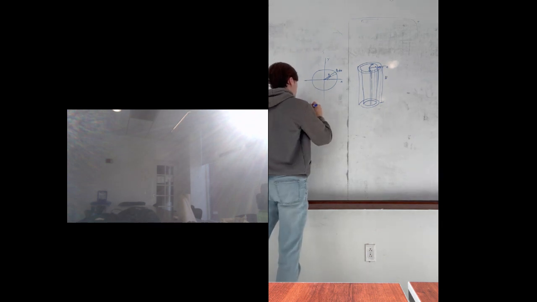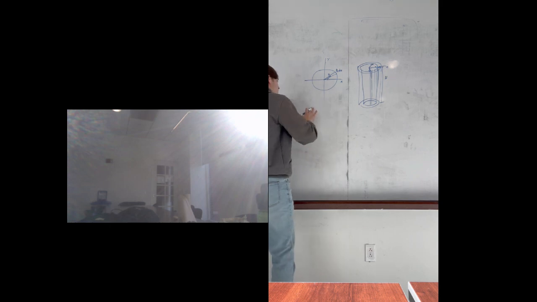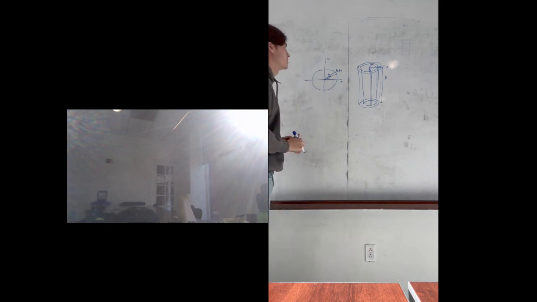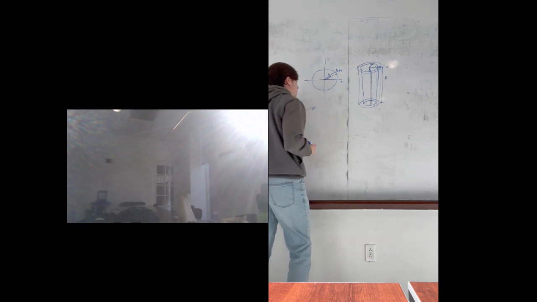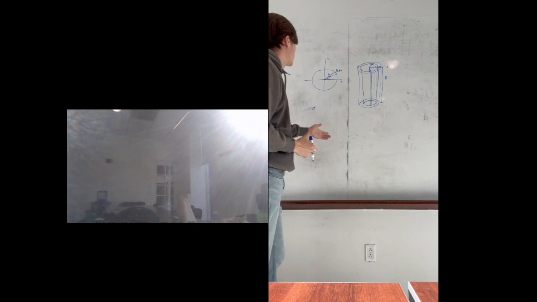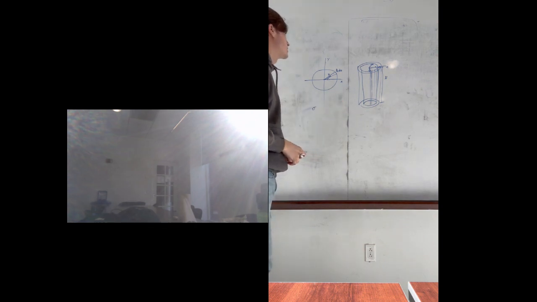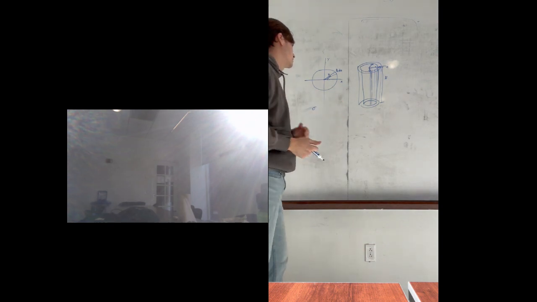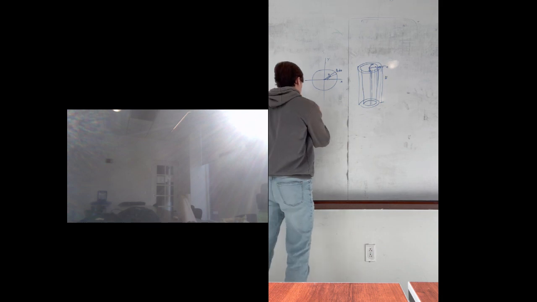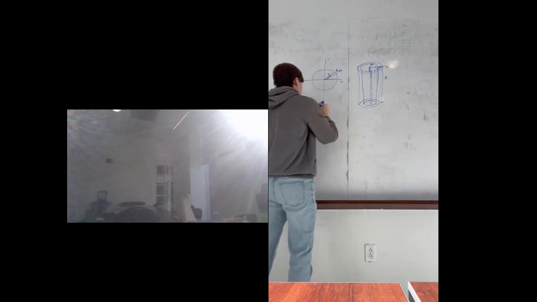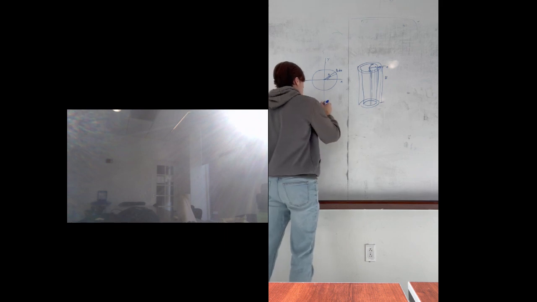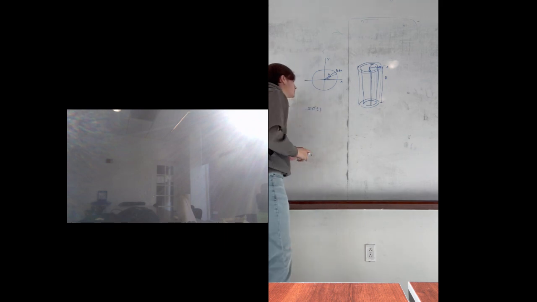Now we obviously have some type of material that our cylinder is made out of, and that material is going to have a tensile strength, which will matter for how much force that cylinder can take. So we have some tensile strength. We're going to multiply that by 2 for our cylinder, and then by our thickness times our height.